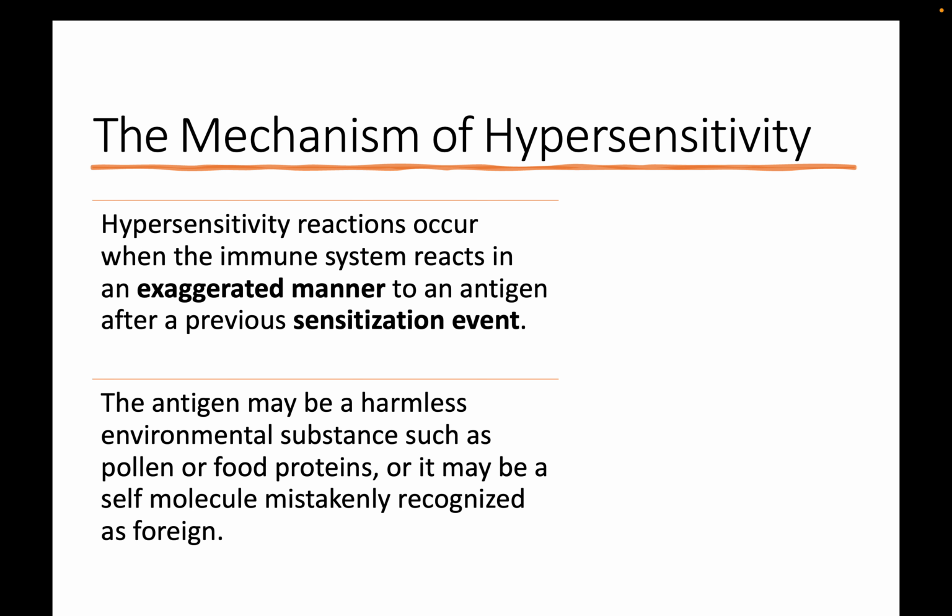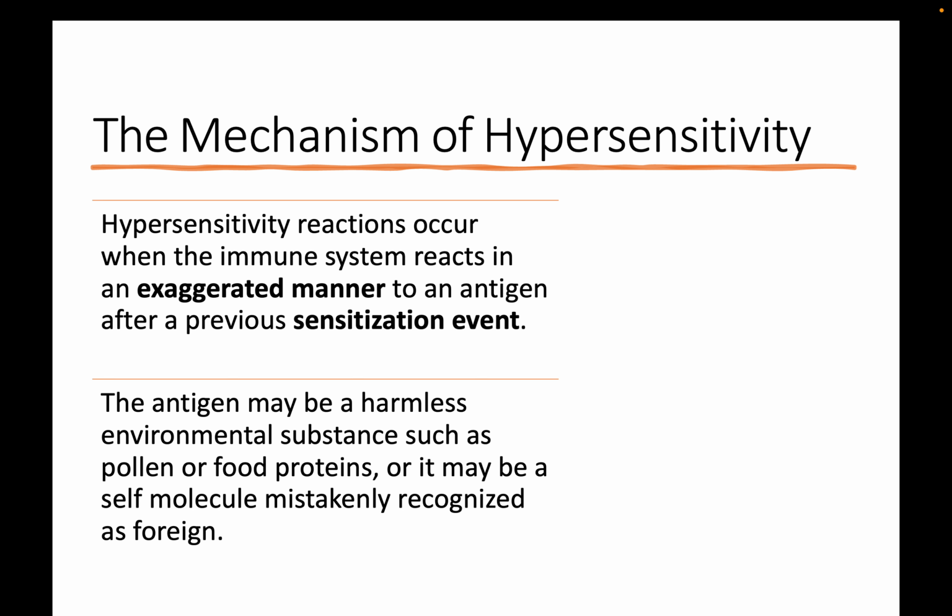So you need to first be exposed to that antigen, and then your own adaptive immune system is able to create a response towards it, and that response is then causing the exaggeration. So it always starts with a sensitization event.